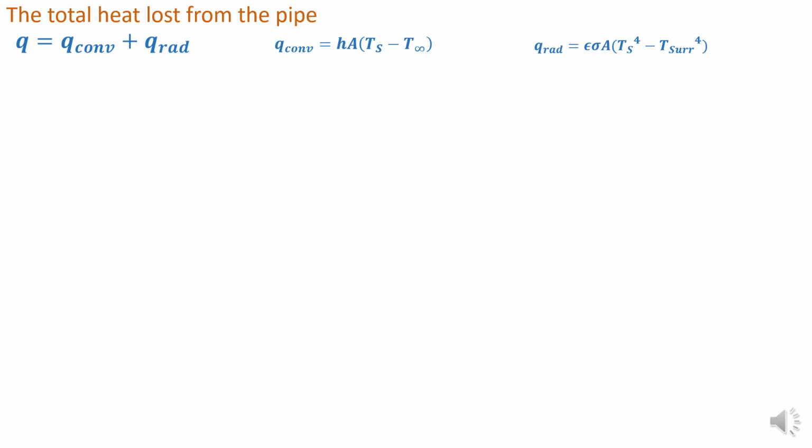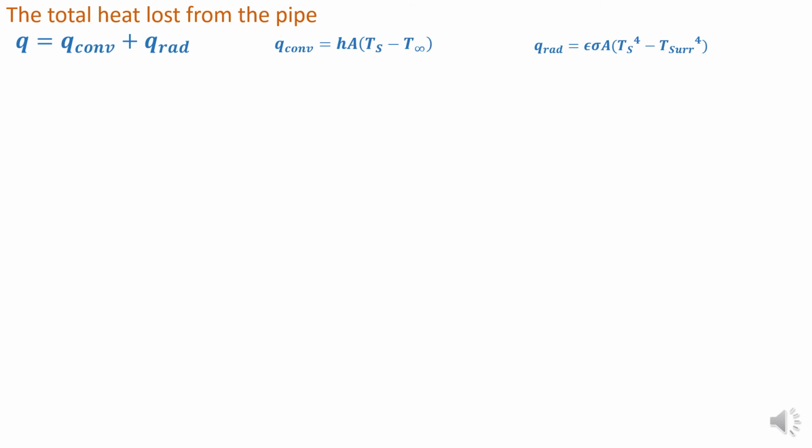Now remember one thing: whenever you are going to solve for radiative heat transfer, always put the value of temperature in Kelvin scale. Don't put the value of temperature in degree centigrade. If you do, the result will be full of error. So in order to avoid any error, always put the temperature in Kelvin when you solve for radiation heat transfer.